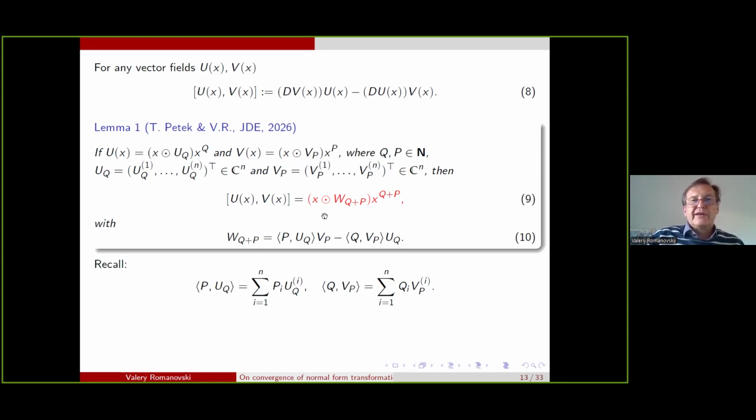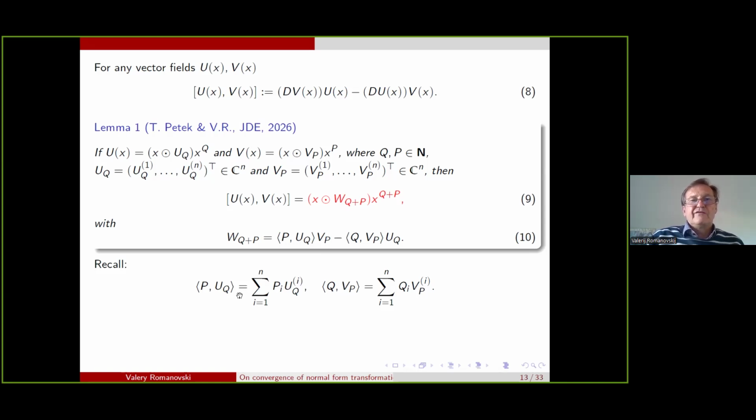But we have a very simple formula: the Lie bracket is just computed in this way. If you have two terms, then this will be your Lie bracket. Here it's very simple. You just sum up two vectors, and this is a vector of numbers, computed using this very simple formula.